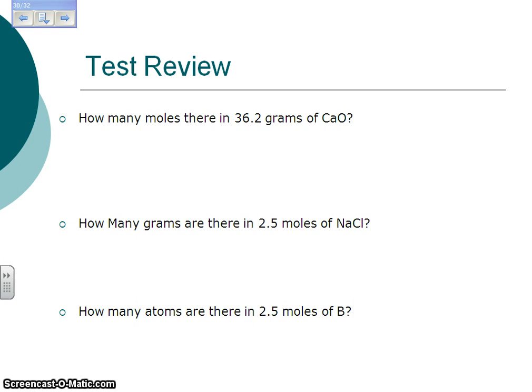Okay, so let's do a couple of test review problems. First question, how many moles are there in 36.2 grams of CaO? So, first off, what we want to make sure we do at the top of our exam packet is we draw a mole map.